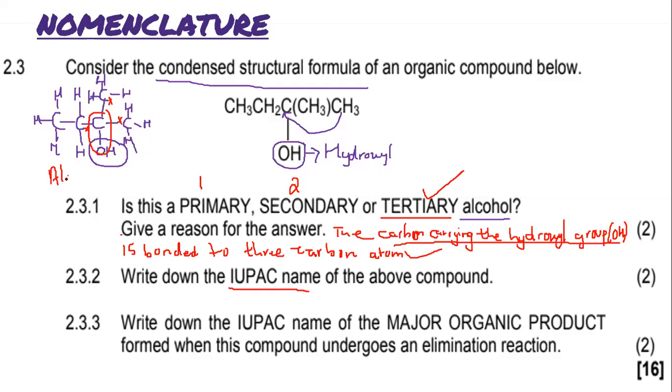And this one is definitely an alcohol. Altogether, my dear learners, this is definitely an alcohol. Now, if this is an alcohol, then I know the name ends with OL. Are we together, my dear learners?